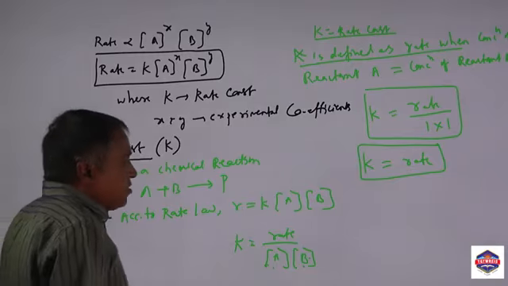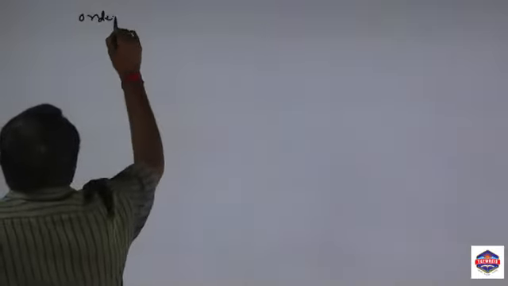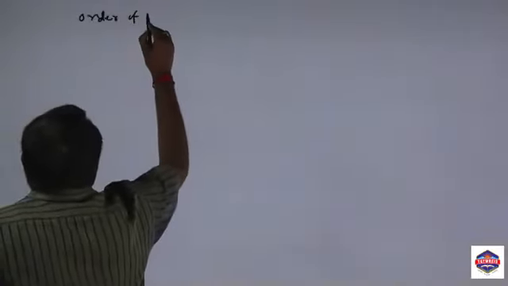So after this, we defined rate and we defined rate law and we defined again rate constant. Now it is the time for order of a reaction. What is order of a reaction?